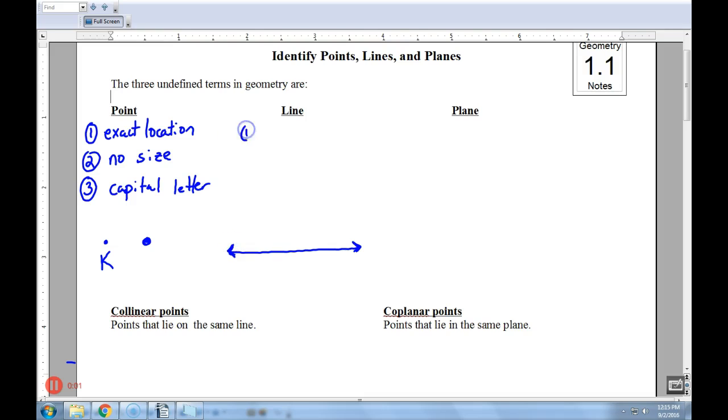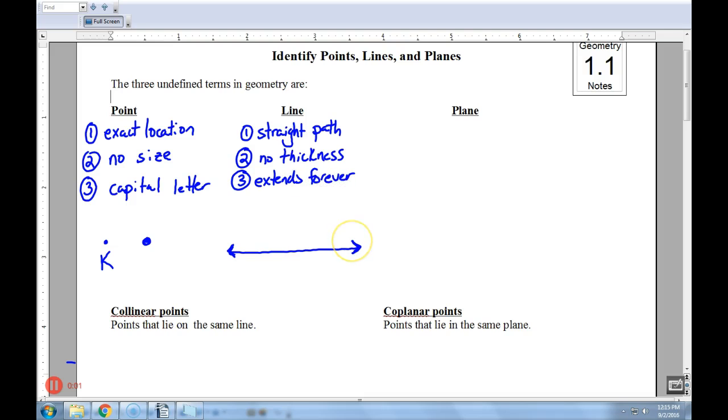But first thing is, a line is a straight path, no curves, and just kind of like the point, it has no thickness. Technically, a line, you can't measure the thickness.